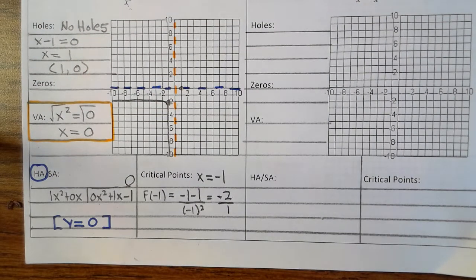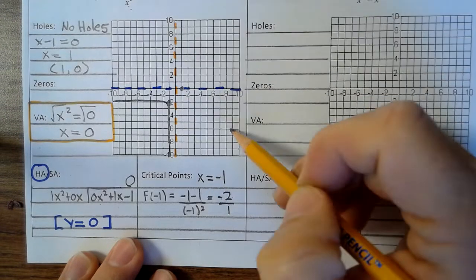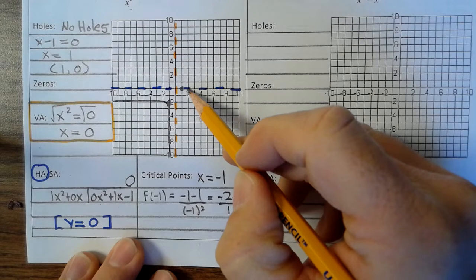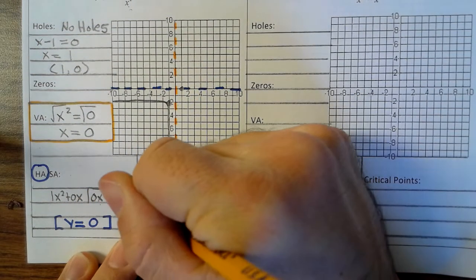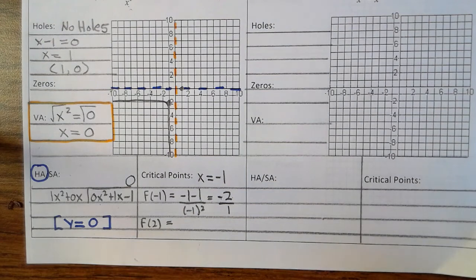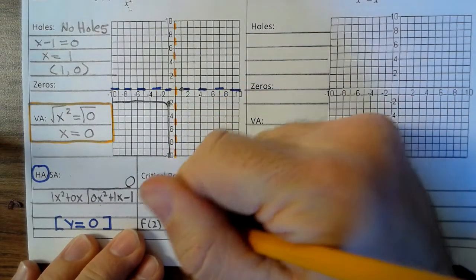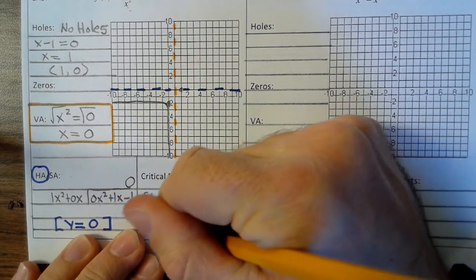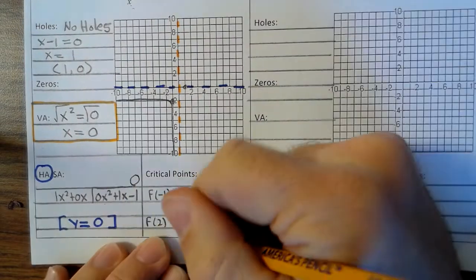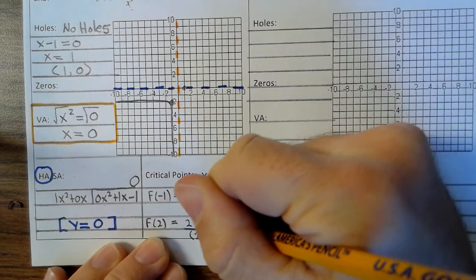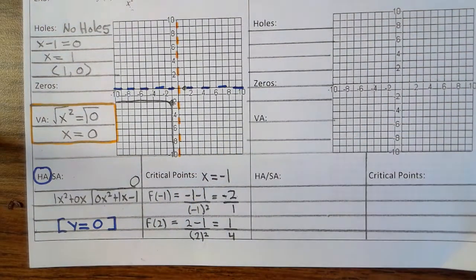Now, the next thing we need to do is pick a point to find out if this curve is going up or if it's going down. Okay, so let's use a point when x is 2. So f of 2 equals 2 minus 1 divided by 2 squared. Well, that's 1 divided by 4.